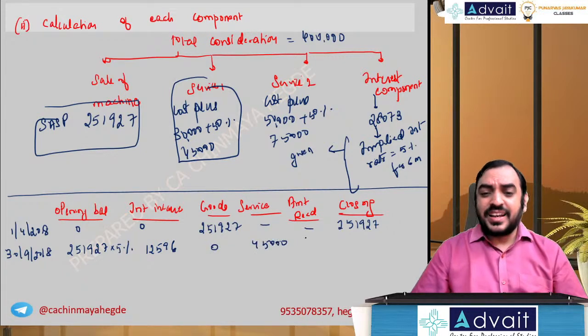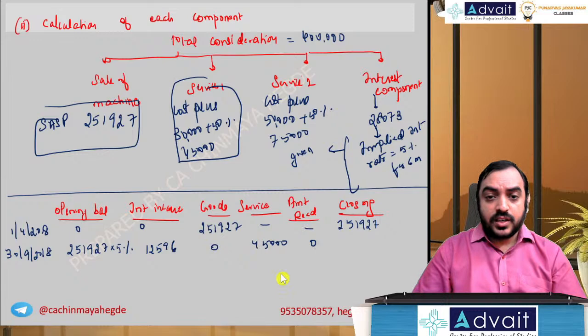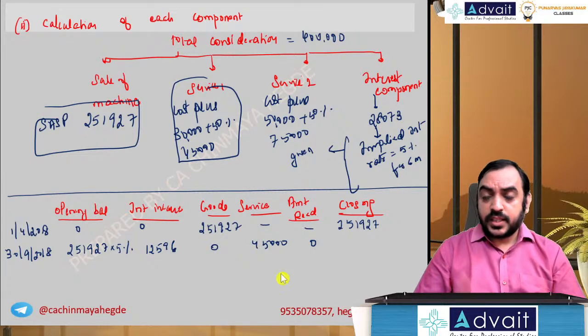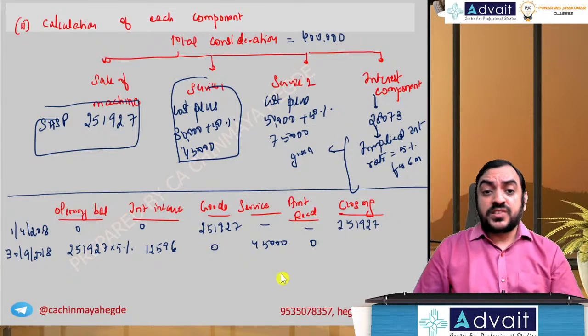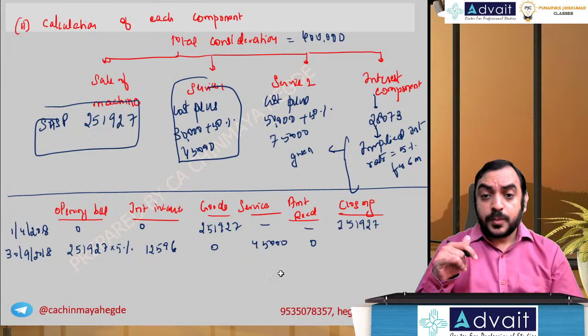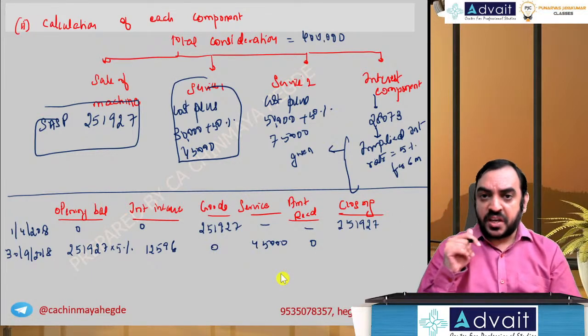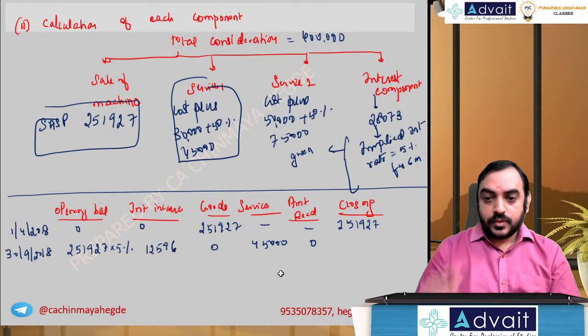Have you received any amount? Nothing, 0. What is the closing balance? 2,51,927 plus 12,596 plus 45,000. Also remember, I have done it into 5% and not into 6 by 12, because this is 5% for a 6 months period, so into 6 by 12 is not required. So 3,09,523. This is 30th of September.